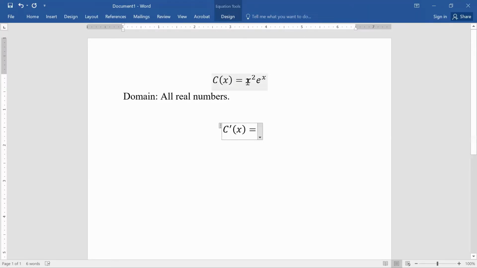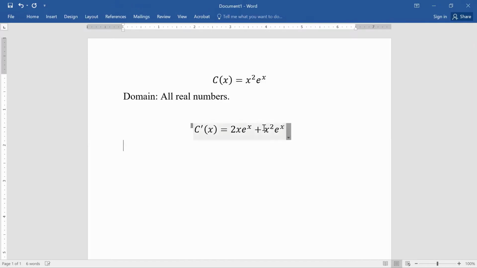We take the derivative of the first component times the normal second component, plus the normal first component times the derivative of the second component. Hopefully you remember the derivative of e to the x is e to the x.